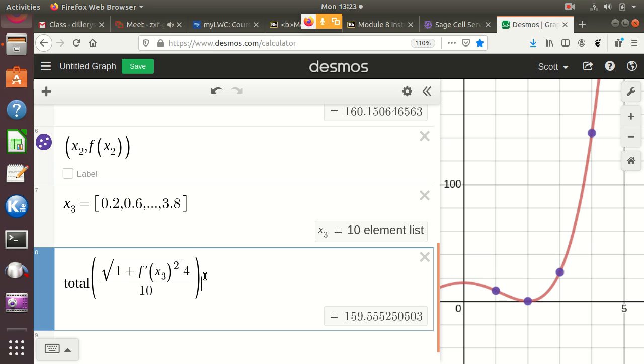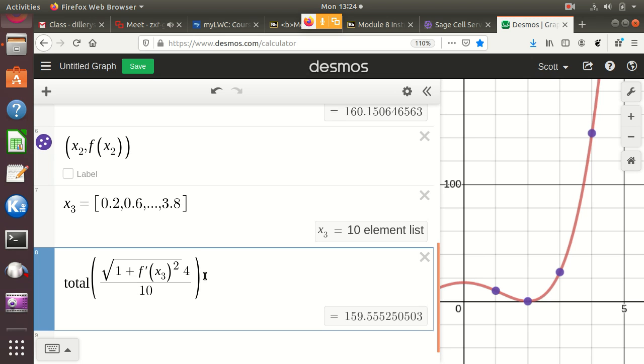Okay, it does a little worse. So it kind of goes to show that intuition only goes so far, and then you're maybe out of luck. Okay, so it did well. I mean, it did very well at 159.55, but it wasn't quite as good as I thought it would be.